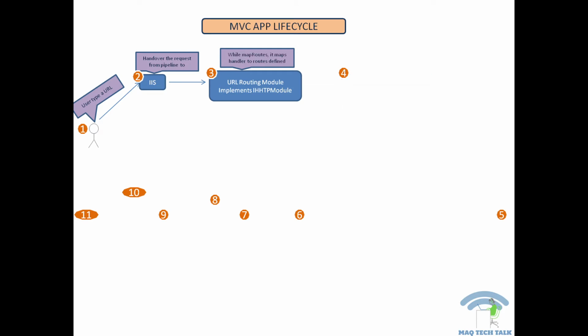Then there is a function called MapRoute. It maps the handler to the route defined. While I'm saying mapping of handler, you must know what a handler is. Let's suppose I am calling an account.cshtml page, then my server must have a handler for cshtml types of pages.